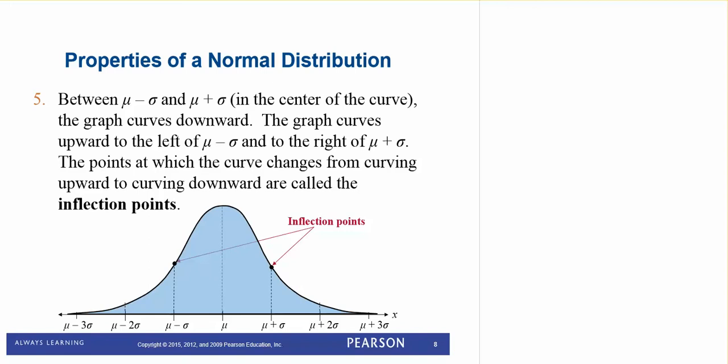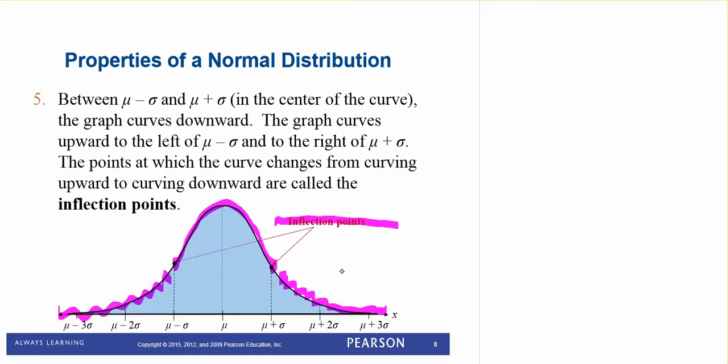Okay, another neat feature of the normal distribution curve, at least neat from a calculus standpoint, is these points of inflection. The points of inflection are where concavity changes. So if you look from here to here, the curve is concave down, and then from here and here, it's concave up.